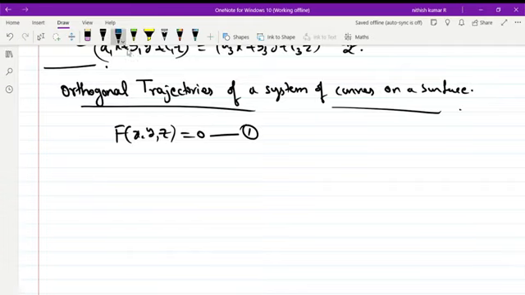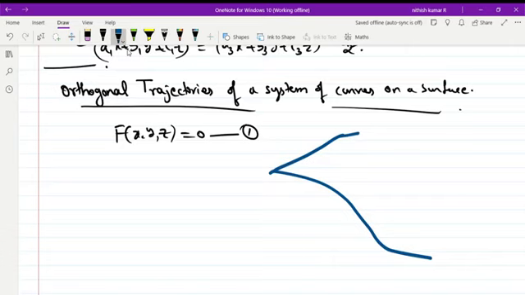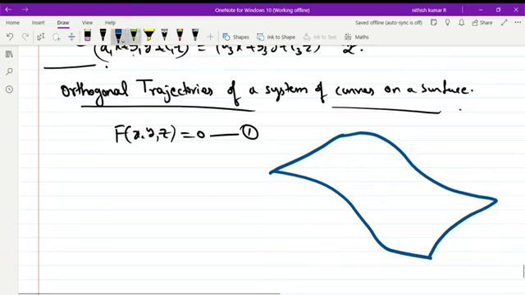So this is some kind of surface. This is the surface f of x, y, z equal to 0, three-dimensional, and there is some system of curves. Let's represent it by some lines.